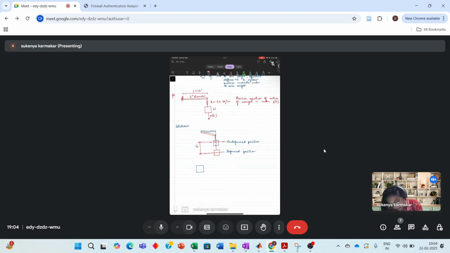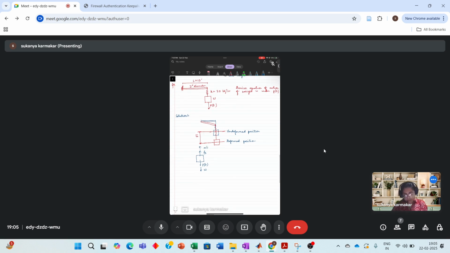So what are the forces? You will have the spring force Fs. You will have this external force P of T. You will have the weight W, and you will have the inertial forces M u double dot.